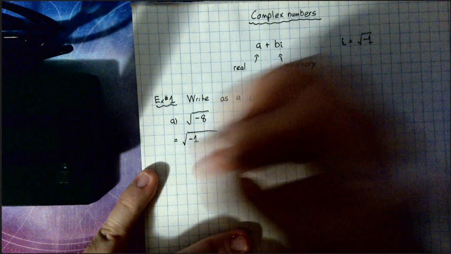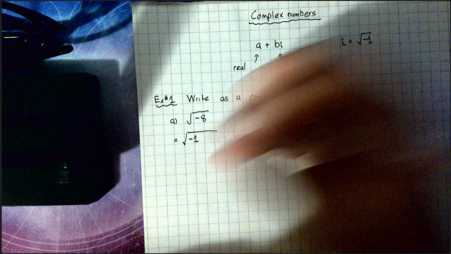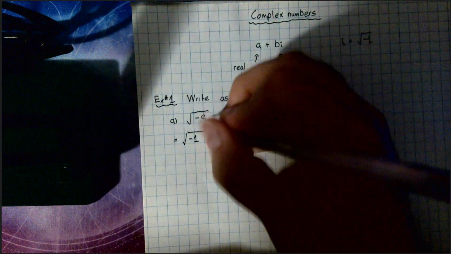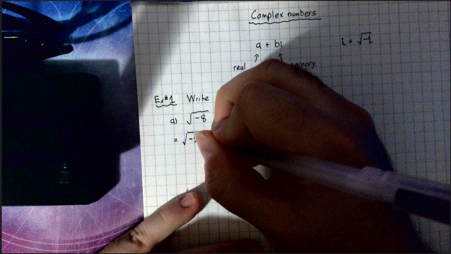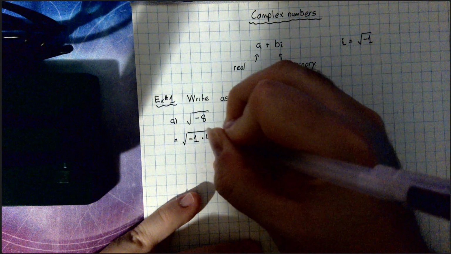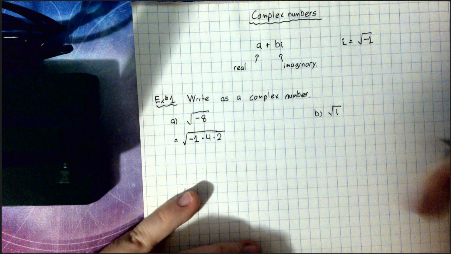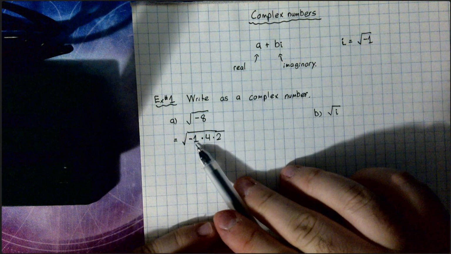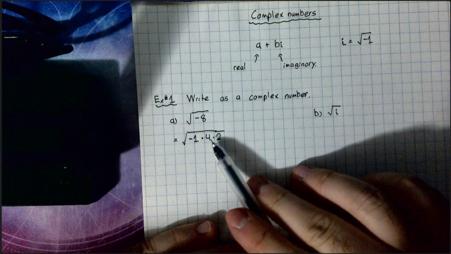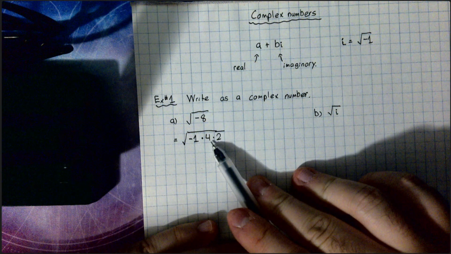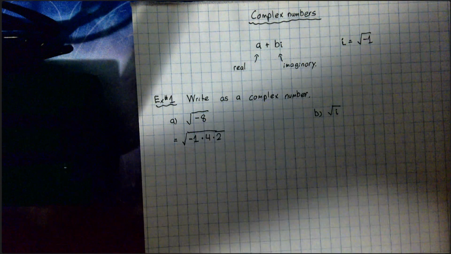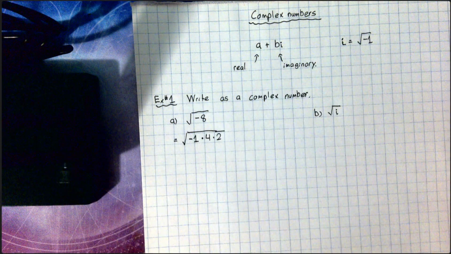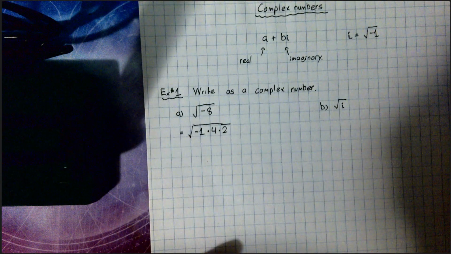And then for 8, I can see that I can factor out a perfect square factor. I can do -1 times 4 times 2. That's what I've broken my -8 into. The -1, because I want that to become my i. The 4, because that's a perfect square, so I can eventually move it out of my square root. And the 2 I can't really do anything about, but that's fine. It can just remain as part of my radical.